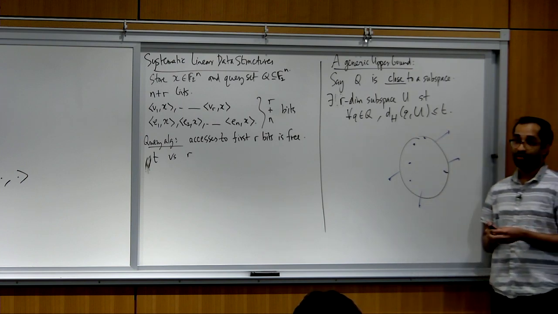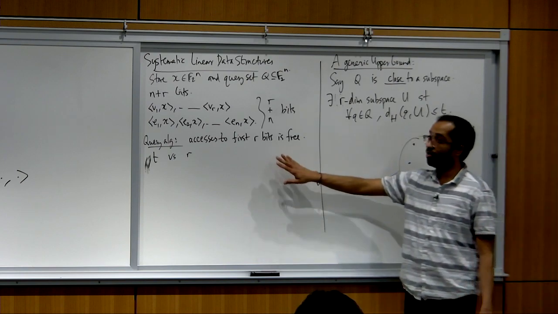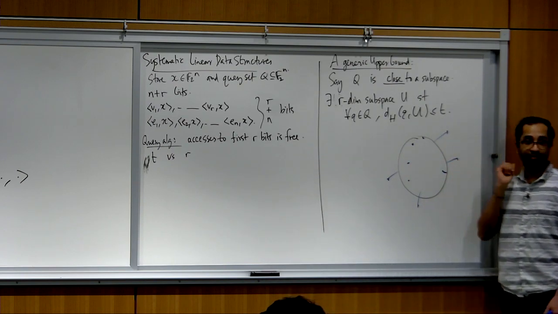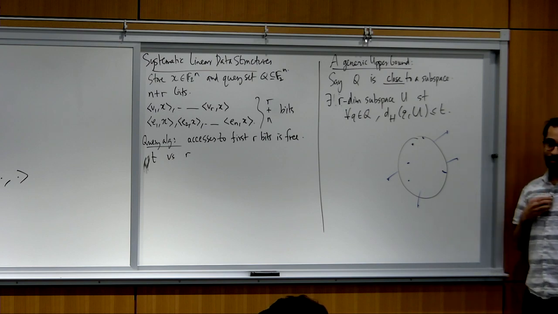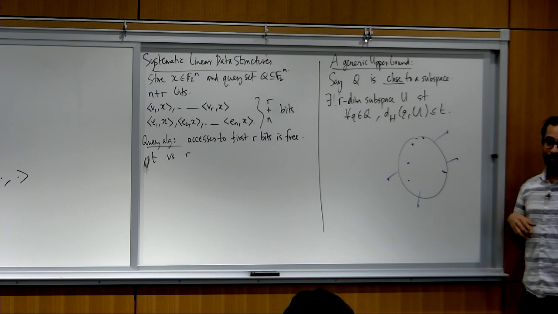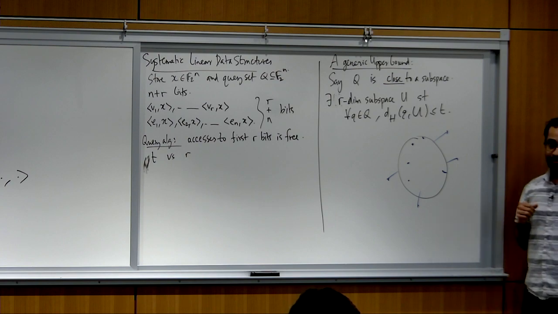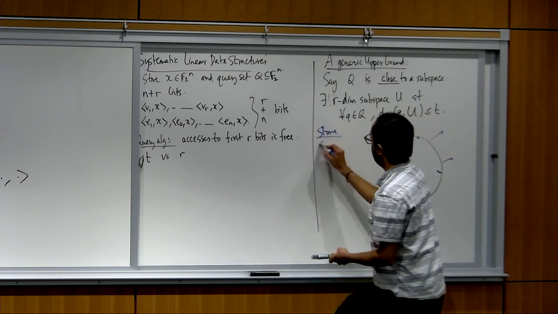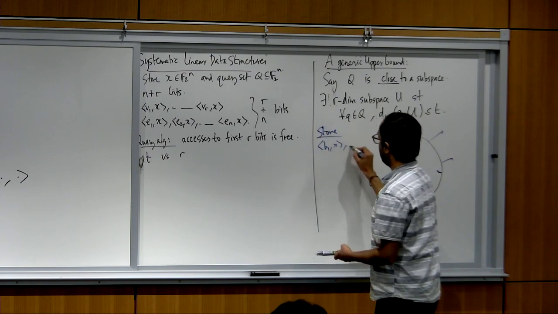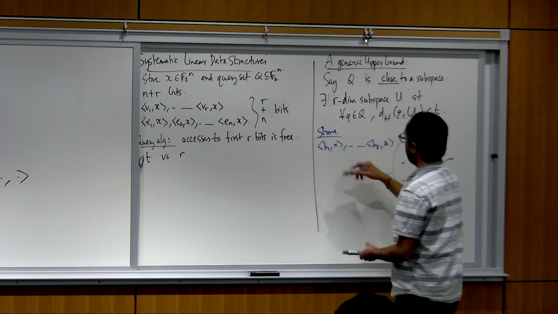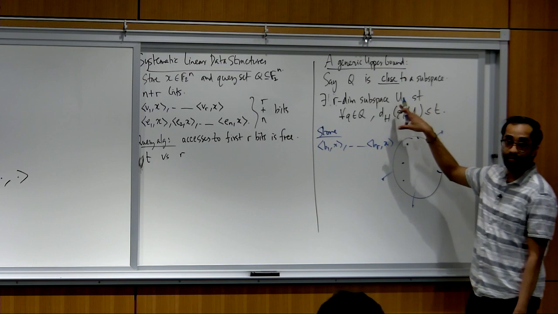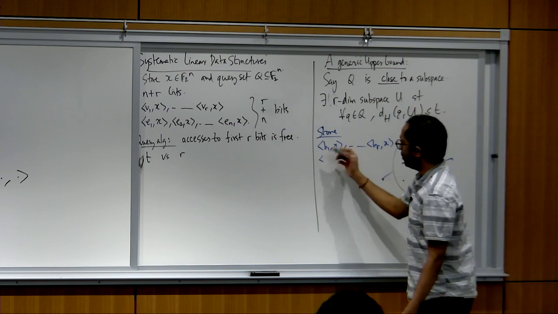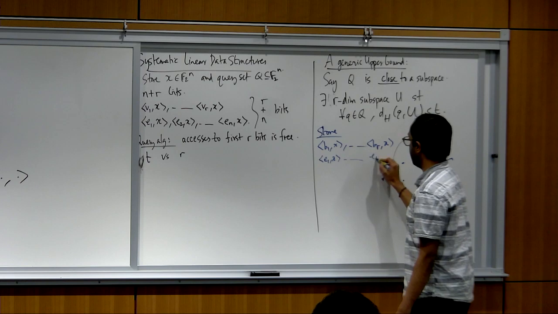Okay, so does someone see if this holds, you get a nice upper bound for this problem? Right. So essentially these v1 through vr that you're going to choose are going to be the basis vectors for U. So you're going to store b1 with x all the way through br with x, where b1 through br form a basis for U, and then you store the usual inner products e1x all the way through enx.